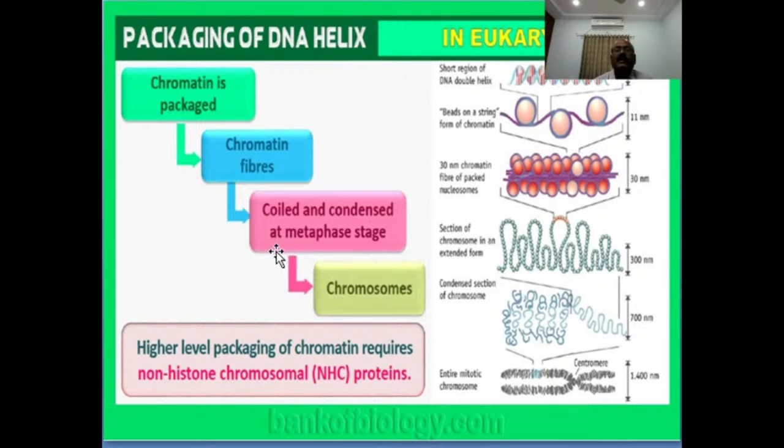That's why the metaphase stage is the most suitable stage to observe chromosomes. So, chromatin is packed to form chromatin fibers, and chromatin fibers are coiled and condensed to form a chromosome. Higher level packaging of chromatin requires non-histone chromosomal proteins.